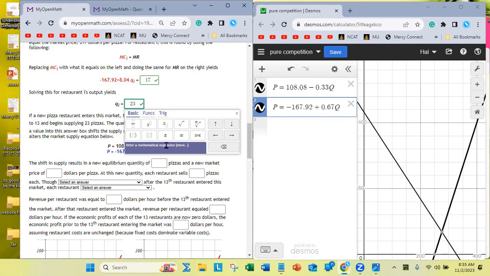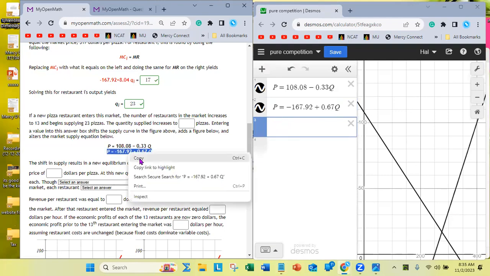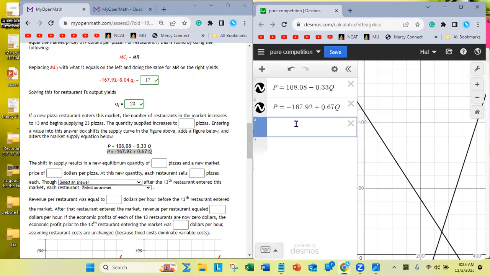So the new supply curve is going to shift to the right by 23, and that's what this equation does. Okay, so we need to copy this equation. This is our new supply curve.